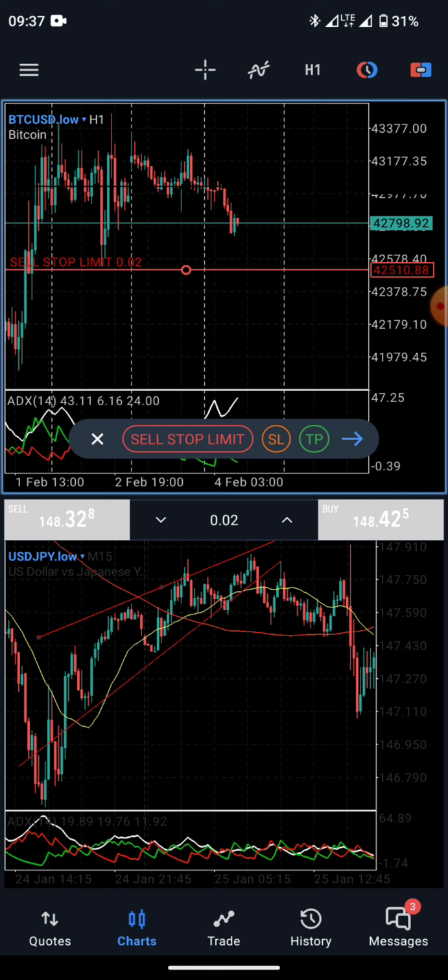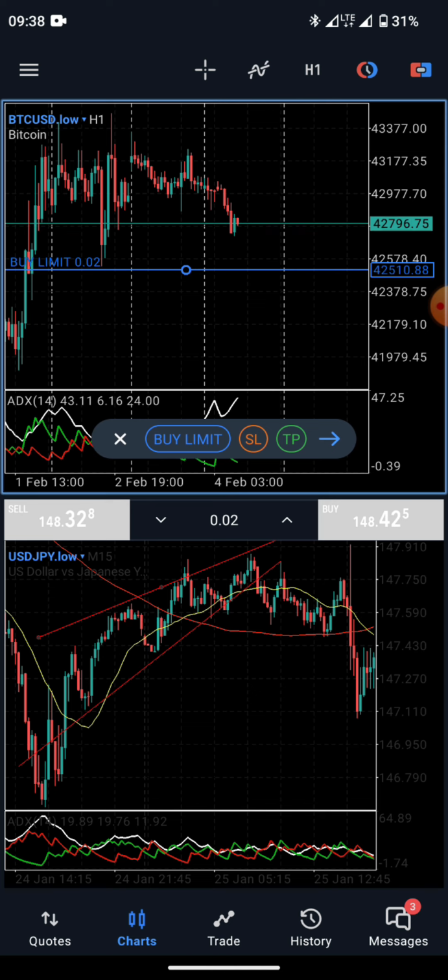What that basically means is this particular kind of order, we use them mostly for trending markets. Personally, I use them for trending markets because, like I've discussed earlier, the buy limit and sell limit are mostly used when the market is oscillating, right?